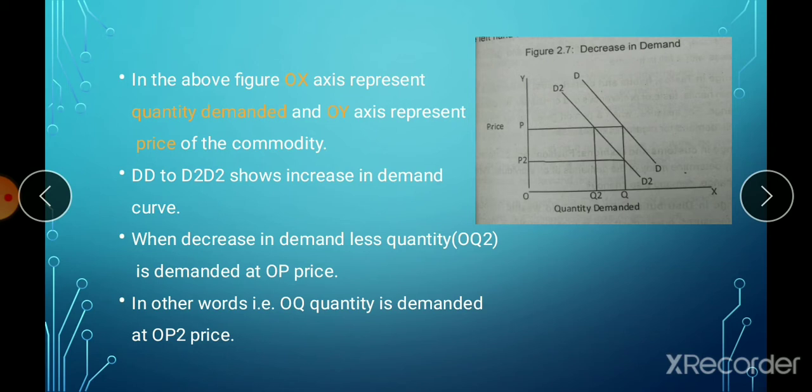That means at the OP price level, they demand OQ2 level of quantity. The same fact may be expressed in another way also. That is, OQ quantity is demanded at the OP2 price level.